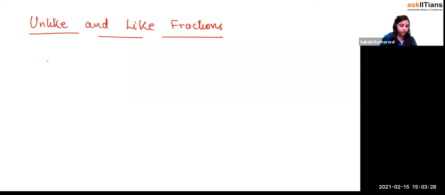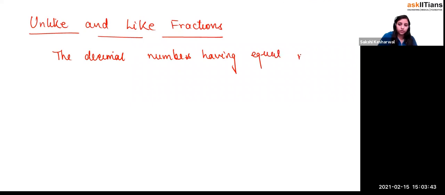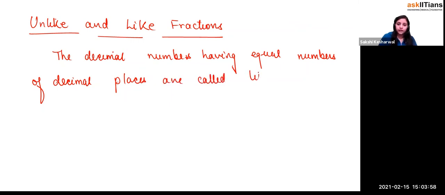First, write down the definition. It says that decimal numbers having equal numbers of decimal places are called like decimals.